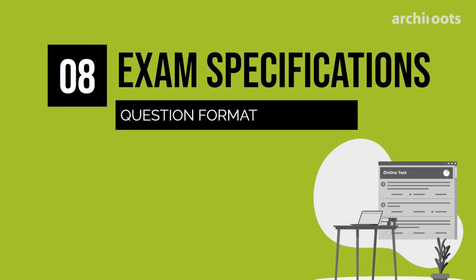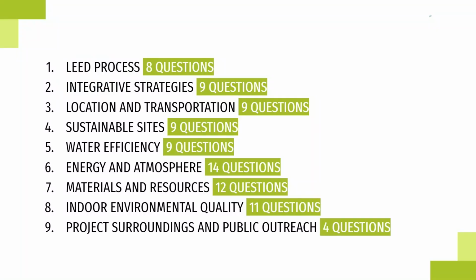Lastly, specifications, the question format, what you need to study. Now you have 9 categories or chapters that include questions. LEED process includes 8 questions, integrative 9, and so forth. So as you can see here, in comparison to the LEED Green Associate, they are the same categories, but they have different amount of questions for each category.